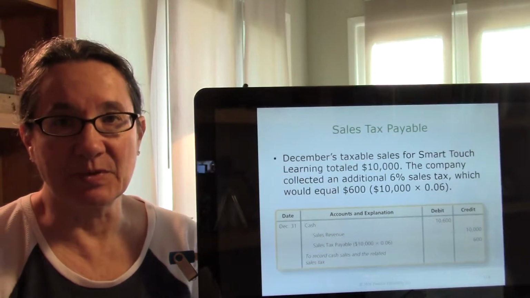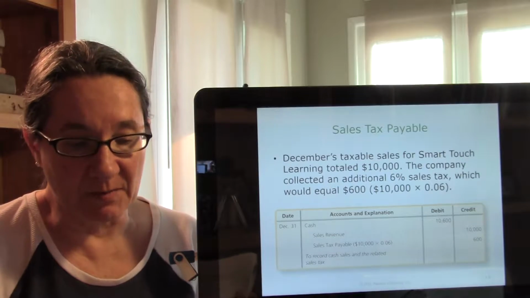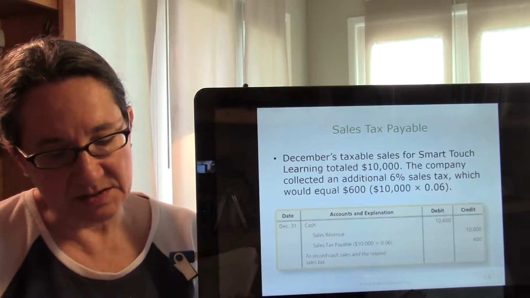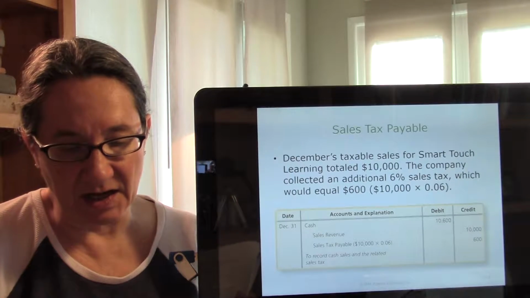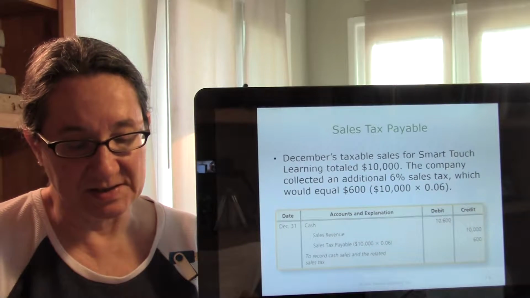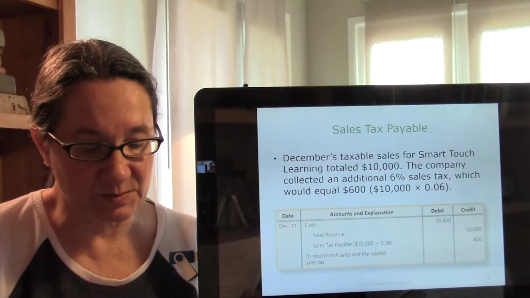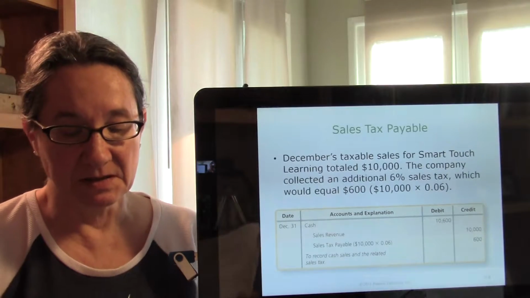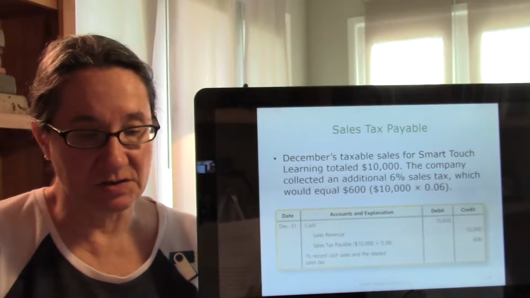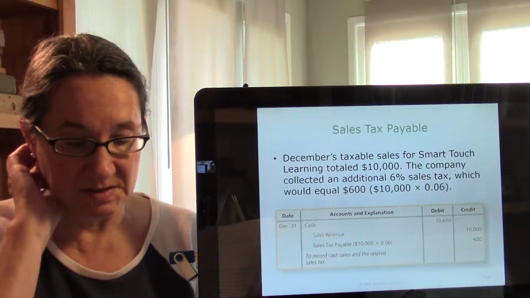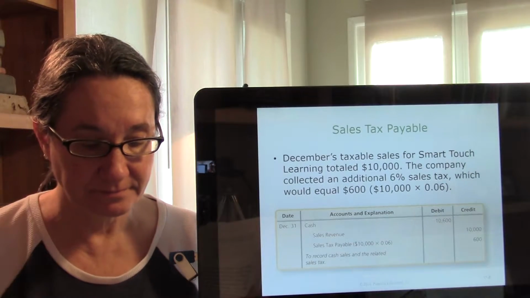So let's look at an example of a current liability. A common one, sales tax payable. Sales tax is usually calculated as a percentage of the amount of the sale. For example, suppose December's taxable sales for Smart Touch Learning totaled $10,000. The company collected an additional 6% sales tax, which would equate to $600.